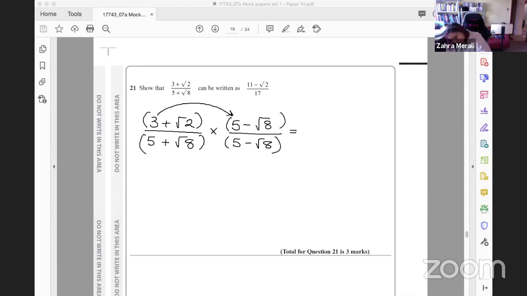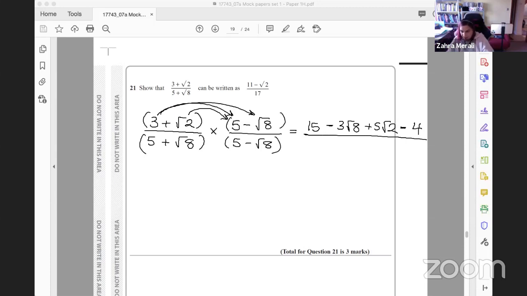3 times 5 to give us 15. And then we've got 3 times minus root 8, so minus 3 root 8, plus 5 root 2. Root 2 times minus root 8 gives us minus root 16, which is minus 4.